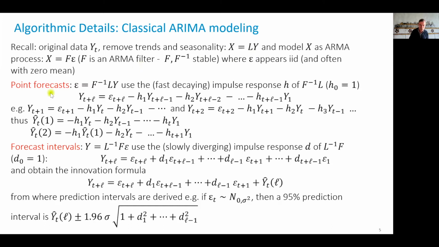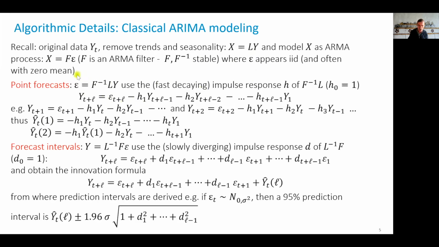When we compute the point forecasts and the forecast intervals, we use the filters in two different ways. The point forecasts are based on this sequence of filtering steps. We say how we get epsilon from y. And I can write this as a filter. I can ask MATLAB for the impulse response of this filter here, and I call it h.